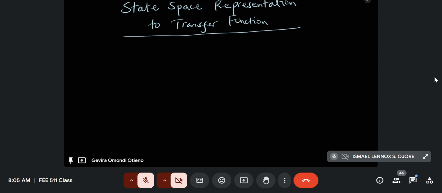It's much easier for us to interpret transfer functions than to interpret matrices or state space representation for that matter. So usually it is also important for us to be able to convert from state space back to transfer function. Then we can quickly understand what goes on in the control system. So today that's what we are going to do: see how we can convert a system from its state space representation to the transfer function.